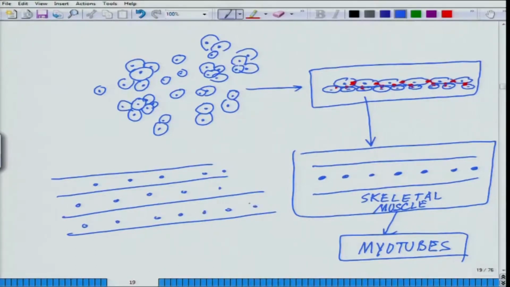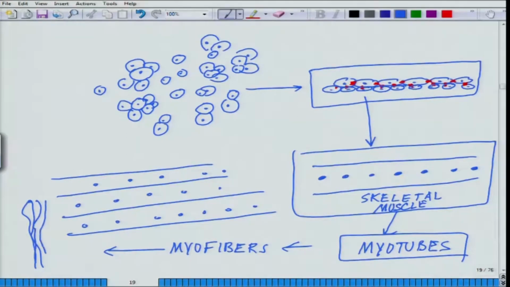Then these myotubes form longer tubes called myofibers, and then multiple myofibers wind up with each other, likewise coiling and supercoiling taking place. They form the muscle tissue.